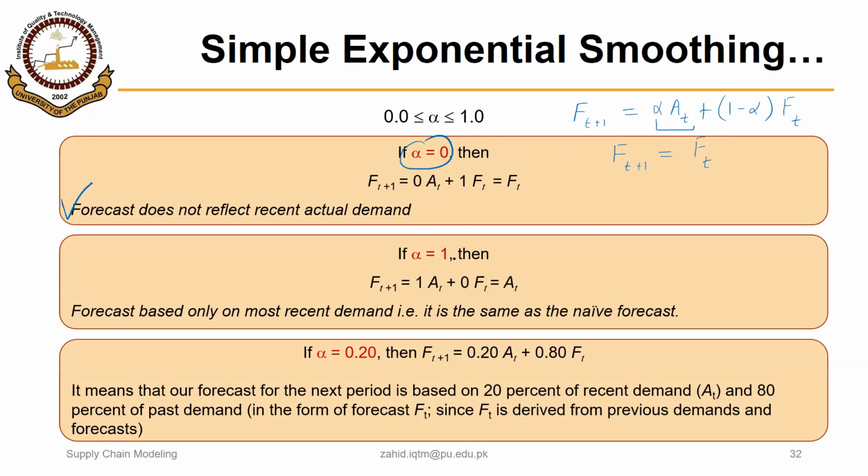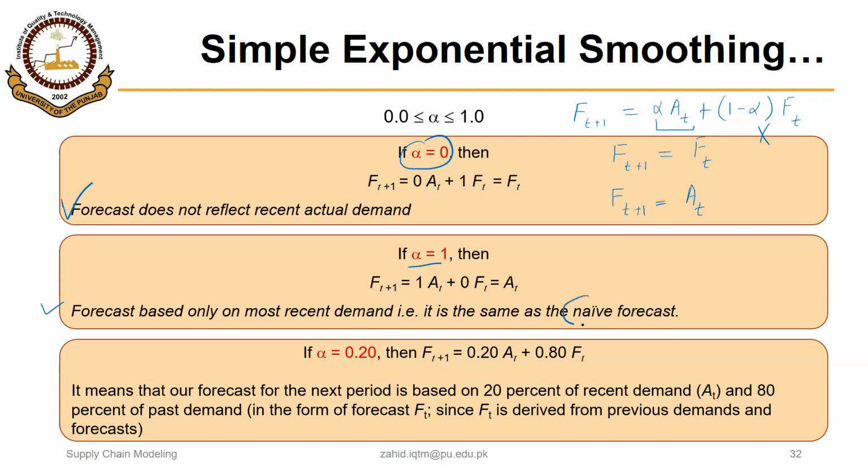Now, if we go to the other extreme and set alpha equal to 1, then this term will become 0. So we will have forecast for the next period equal to actual demand for the previous period. So the forecast is based only on the most recent demand.